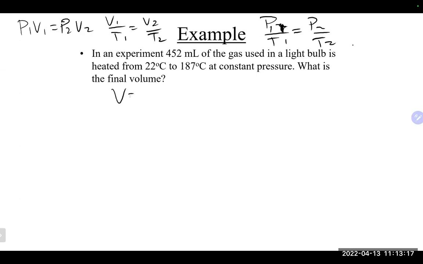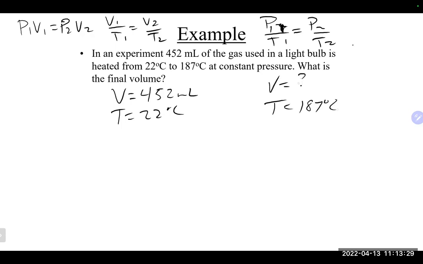We have a volume that is 452 milliliters. It is heated from 22 degrees Celsius to 187, and we are looking for a volume. Clearly, none of these would work since there are no pressures involved. So we can almost see Charles' law there.